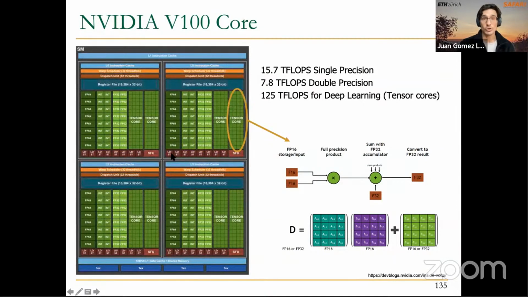But also, if you count the number of units that we have, you will see that it's not 32. In some cases, it's a lower number, right? So for example, here we have 1, 2, 3, 4, 5, 8. So we have 8 load store units for every warp. What that means is that here we will have to pipeline the execution of the threads in the warp.